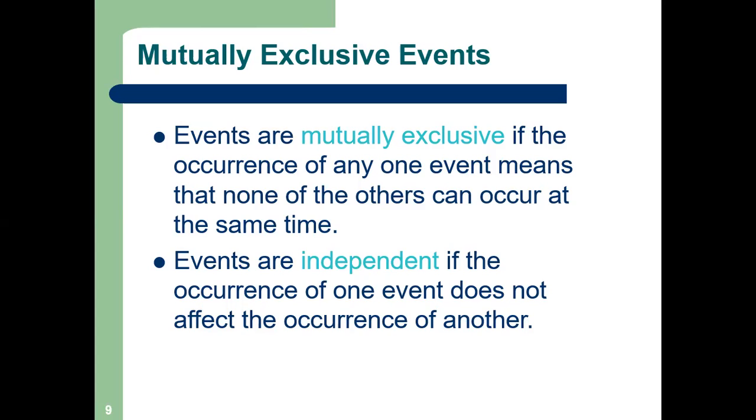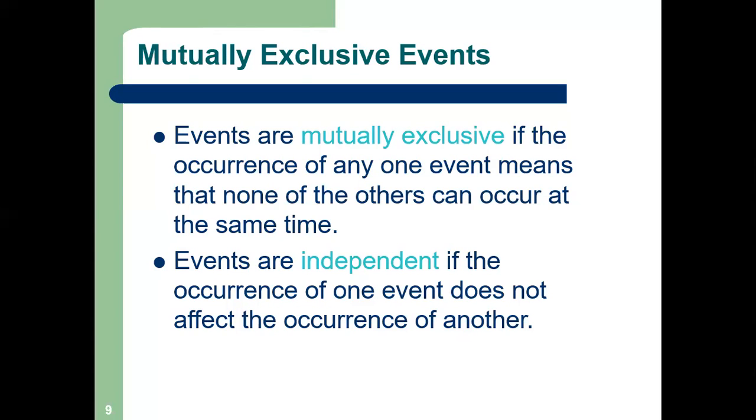For example, when we roll a die, only one event will occur. Like if we are observing an even number, it is not possible that an even number and an odd number both will come up in that experiment. Or if we take the example of tossing a coin, we have only two outcomes.